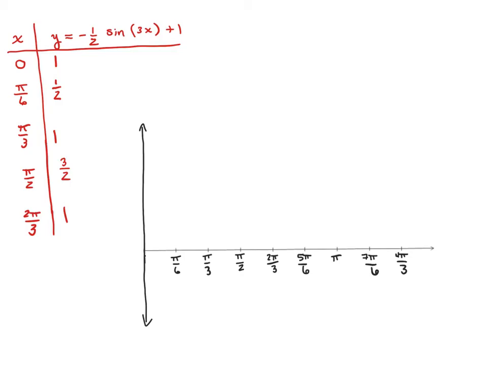And our line of oscillation was when y equals 1, and our amplitude was 1/2. So if that's y equals 1, then our line of oscillation is this horizontal line.